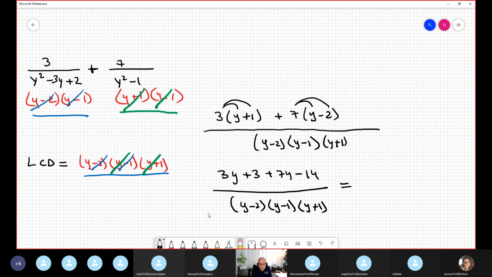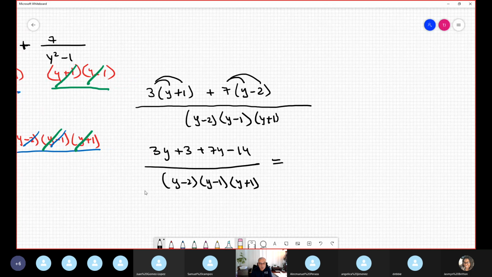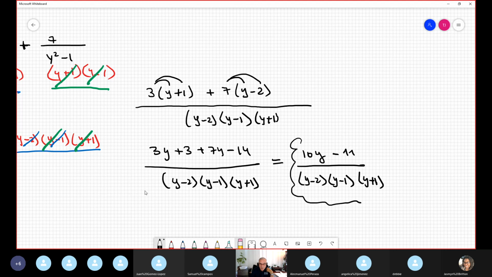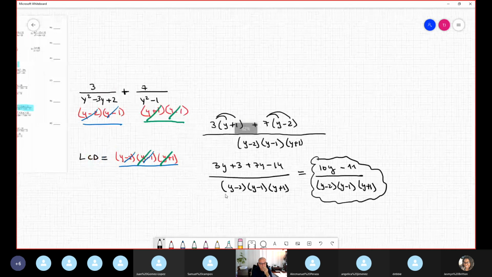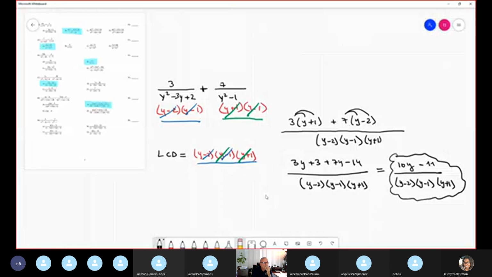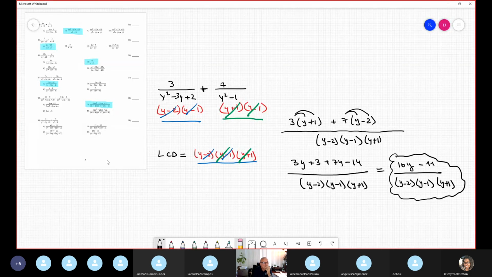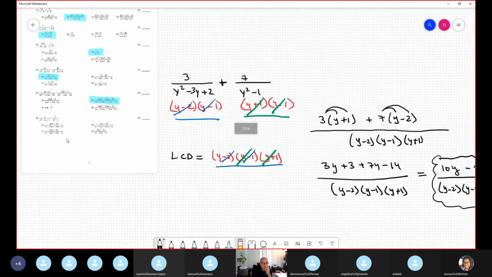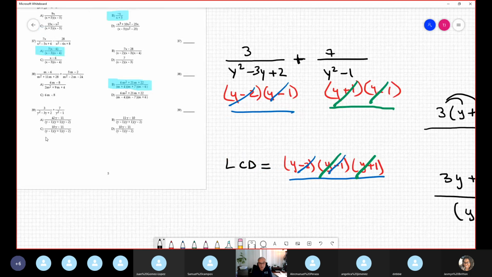Okay, let's combine. 3 plus 7 is 10y minus 11, because 3 minus 14 is minus 11, divided by y minus 2, y minus 1, and y plus 1. Okay, this is my answer. I am not sure if it is correct or incorrect. I need verification on the page. Wow. Let's see. Yes, option C. 10y minus 11. The multiplication, yes, it's C.